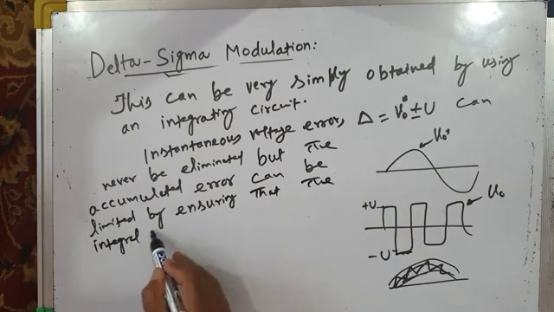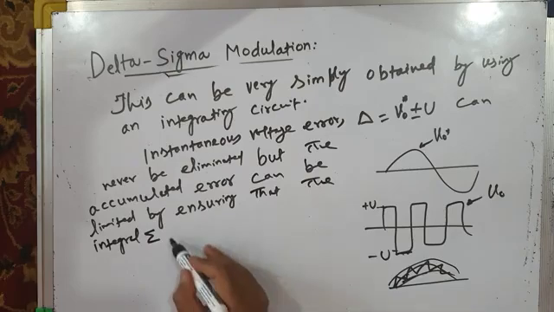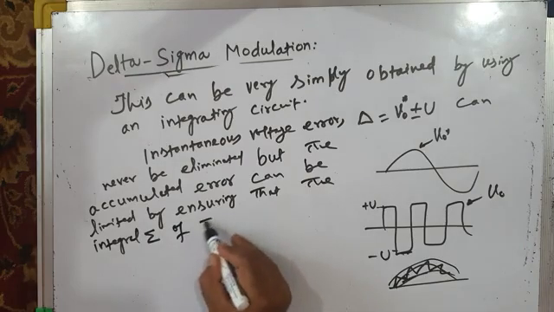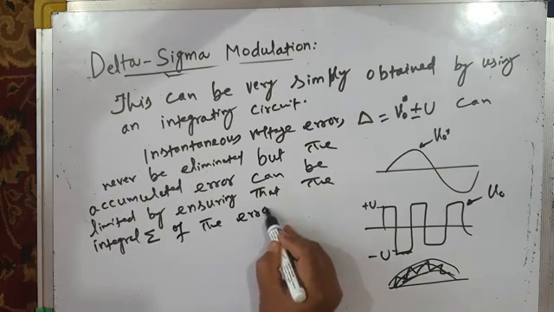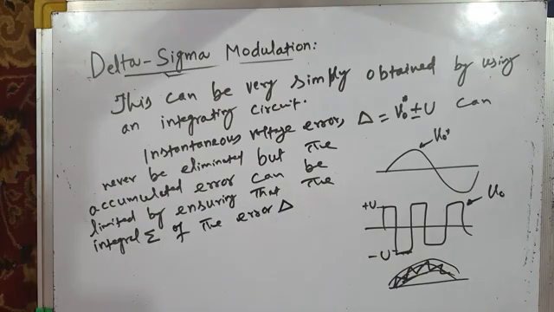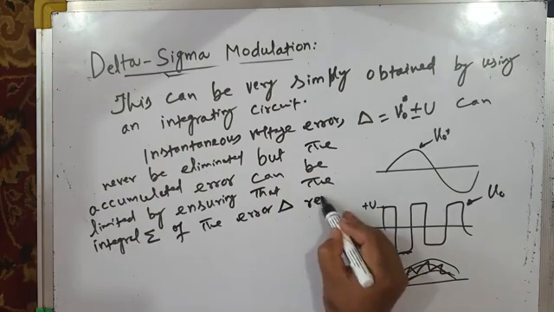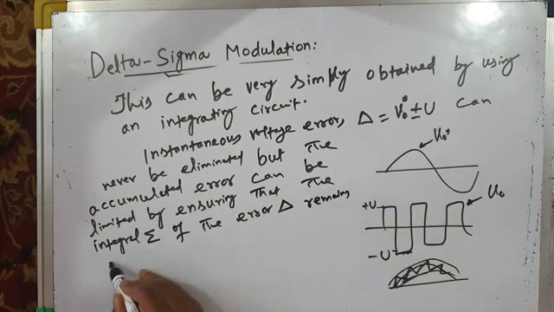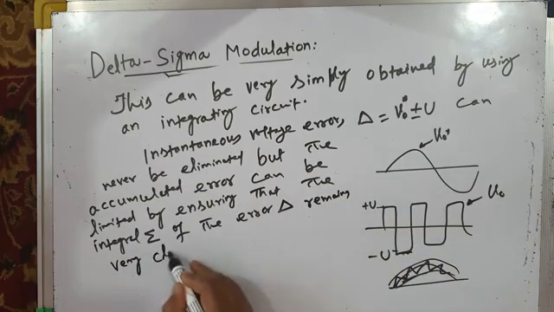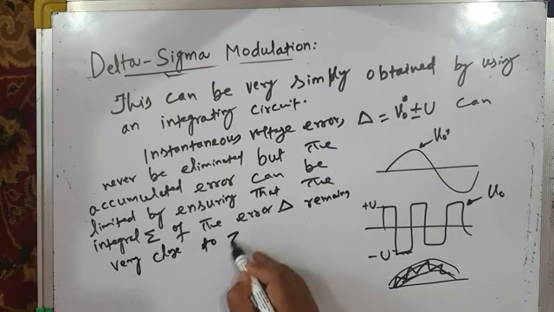Integral, and we call that integral summation, sigma. The integral sigma of the voltage error, which is called delta, remains very close to zero. See, try to understand.